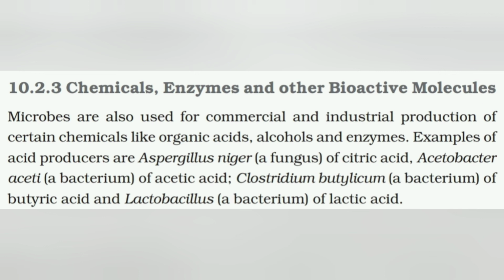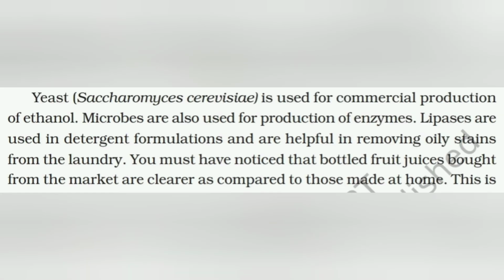Examples of acid producers are Aspergillus niger, a fungus, for citric acid; Acetobacter aceti, a bacterium, for acetic acid; Clostridium butylicum, a bacterium, for butyric acid; and Lactobacillus, a bacterium, for lactic acid. Yeast Saccharomyces cerevisiae is commonly used for commercial production of ethanol.